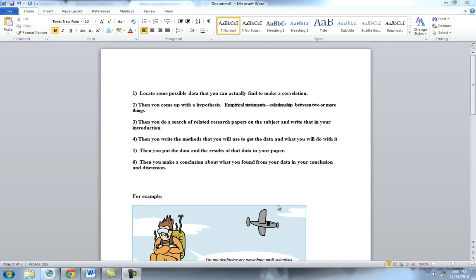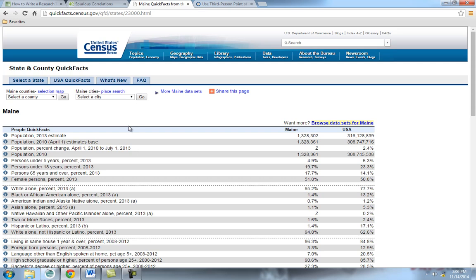So where do you find this data? Well, let's say you're going to do a correlation. I'm highlighting this one right here, the U.S. Census Bureau. I just did a couple of clicks here, and this is the state of Maine population in 2013 estimates.